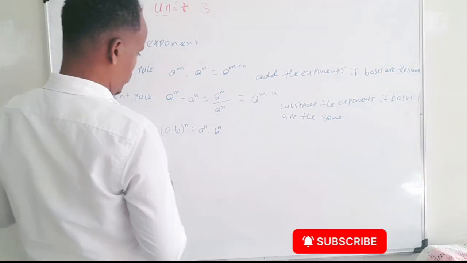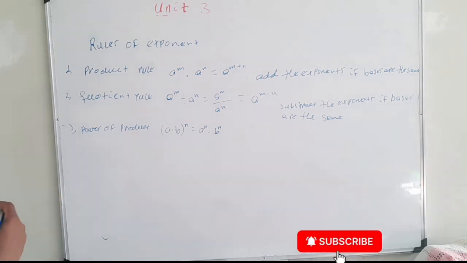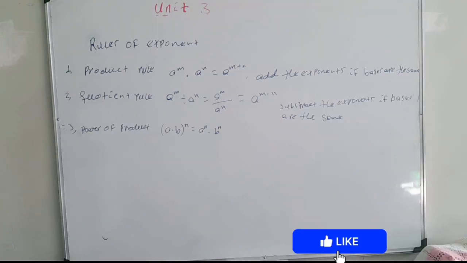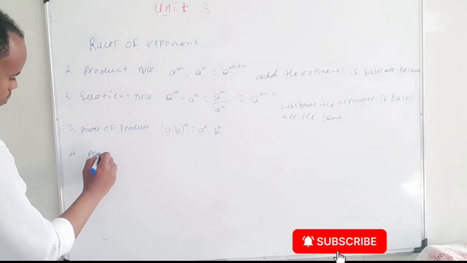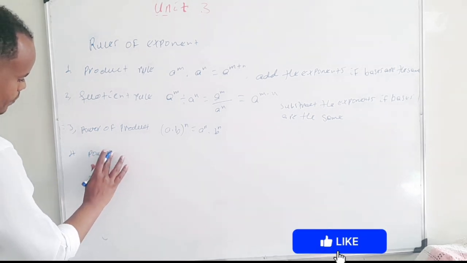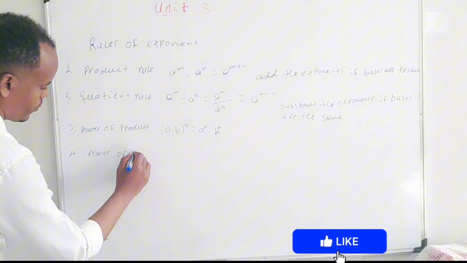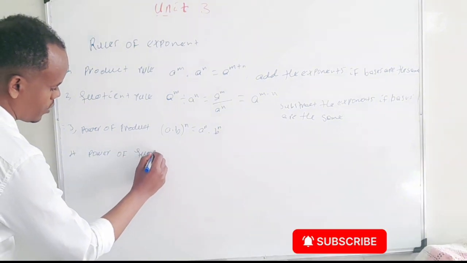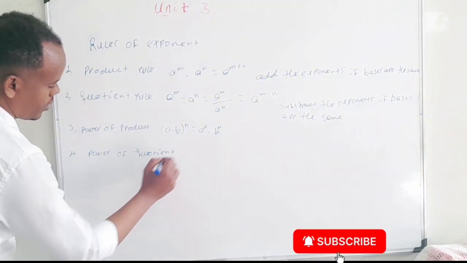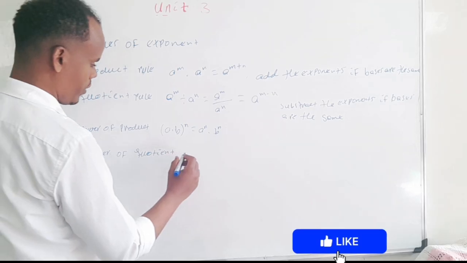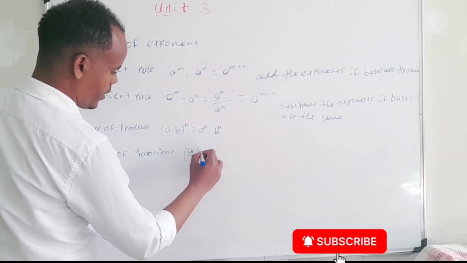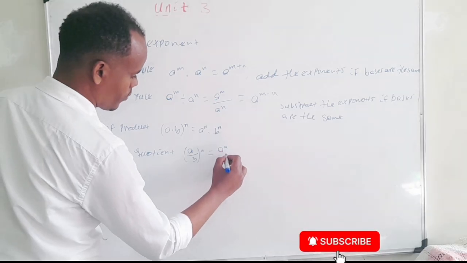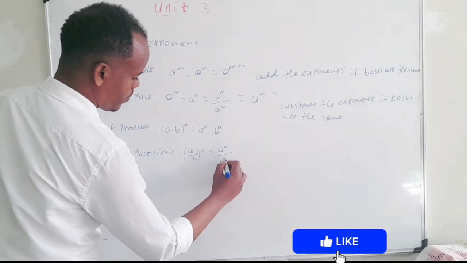And the fourth one is power of quotient. a over b to the power of n means a to the power of n over b to the power of n.